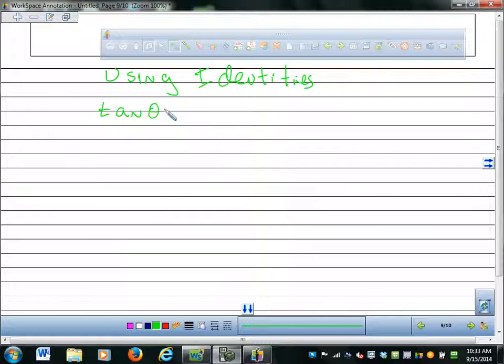If tan of theta equals 3, they'll say find cotangent of theta, and then they might be mean and ask you to find secant of theta. So cotangent of theta should be pretty easy. How do I find cotangent if I know tangent? Well, it's just 1 over tangent.